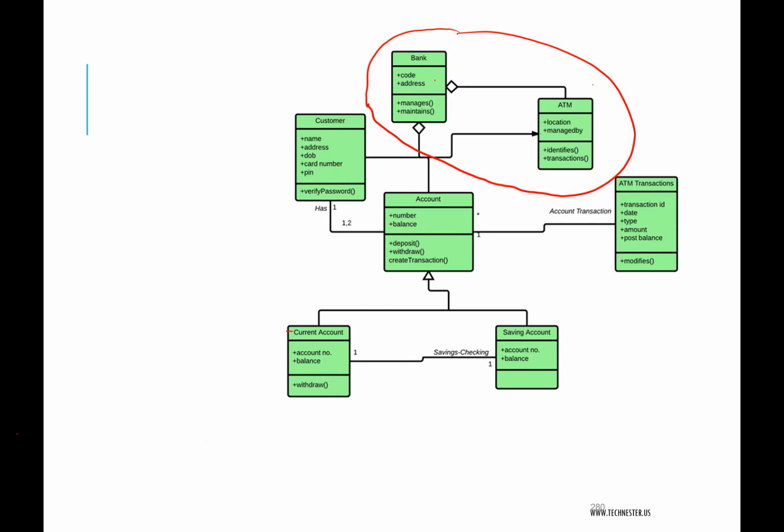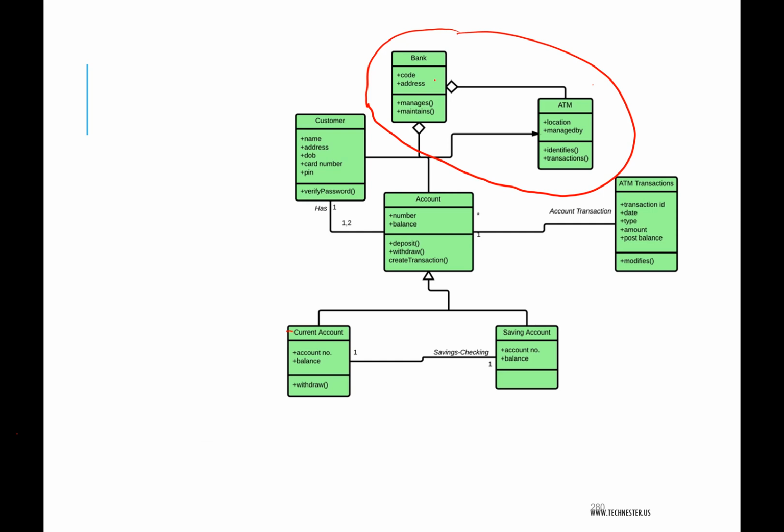Okay, so the ATM is part of the bank. The location of an ATM is also a part of the bank, and the identifier, the attributes.